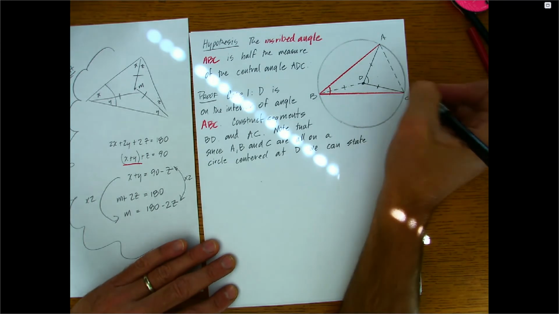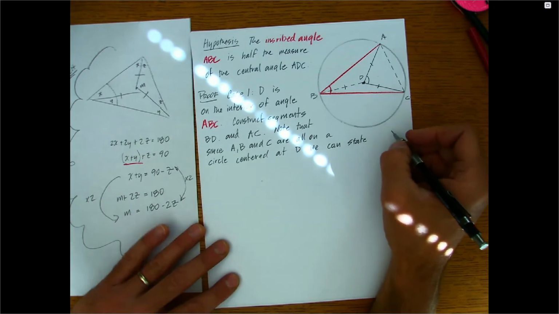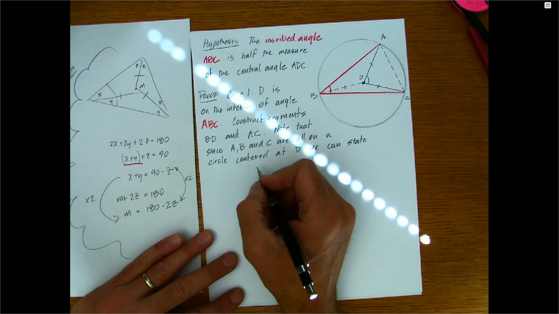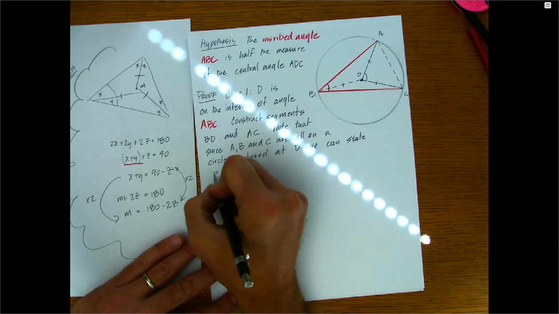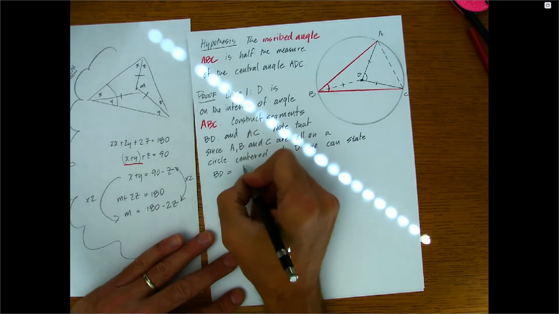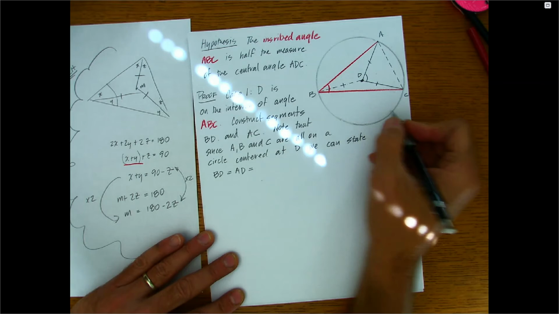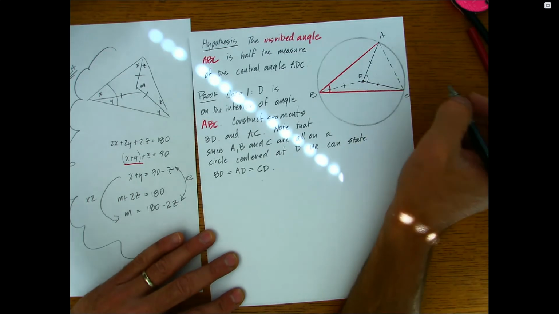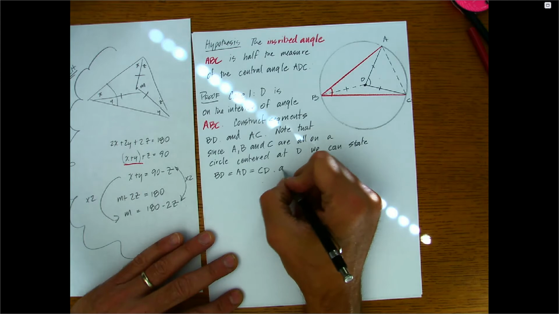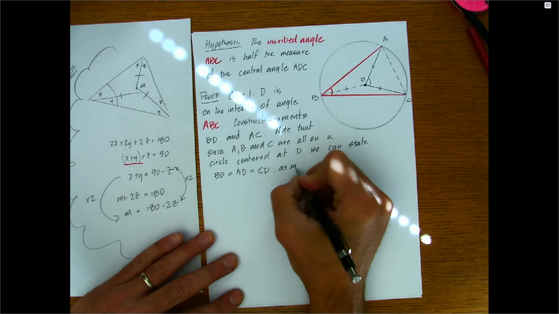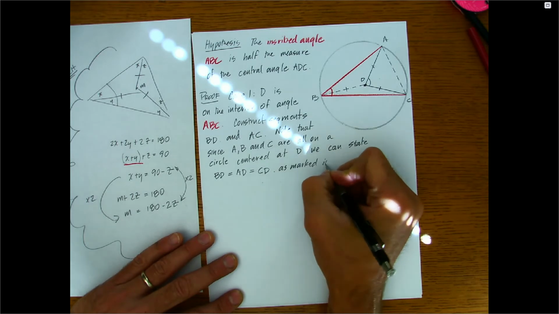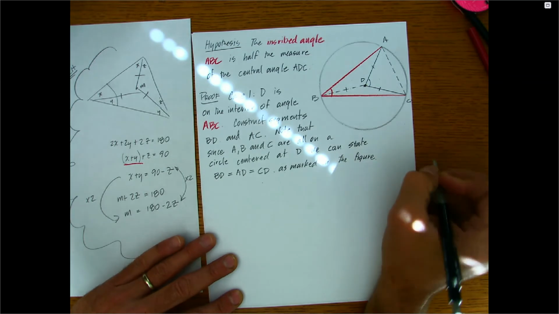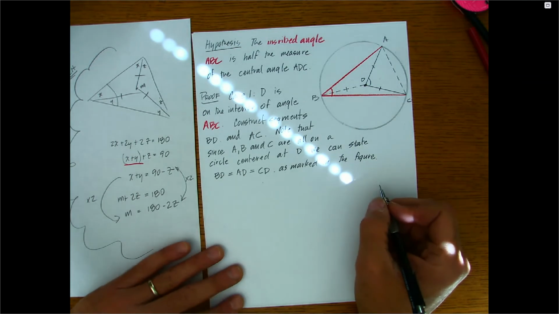Well, we first want to state that all of these lengths are equal, so we can state that BD must be equal to AD must be equal to CD. There we go. So we've justified those marks as marked in the figure. Okay, so we've got that.